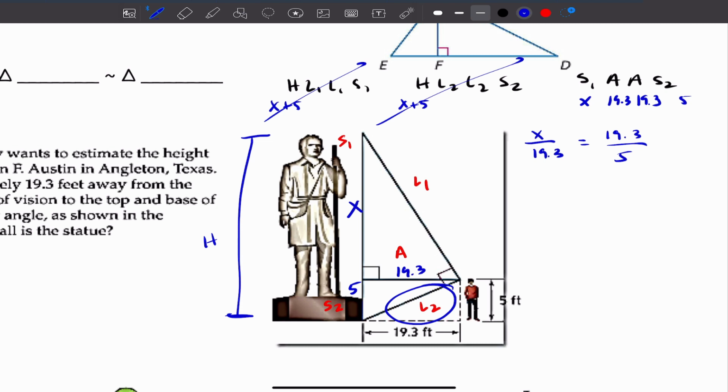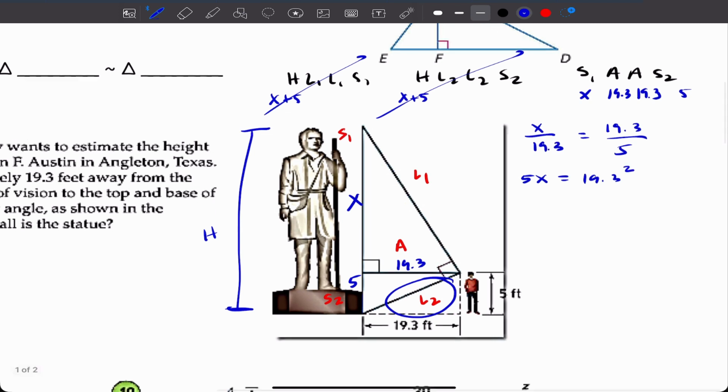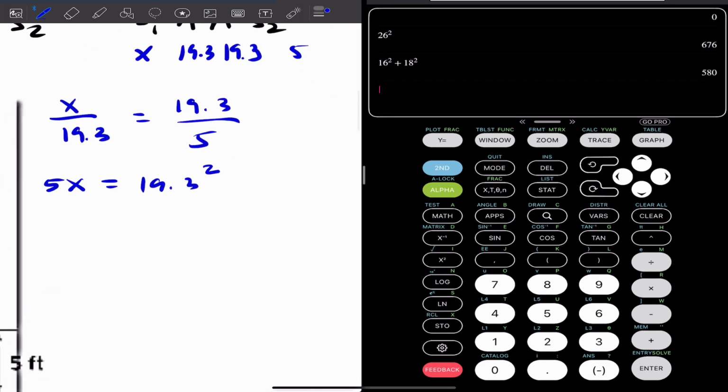And then I'm going to cross multiply, so x times 5 is 5x, and that is 19.3 times 19.3, which I'm going to say is 19.3 squared. So then I'm going to use my calculator, because I'm going to solve for x. So it's 19.3 squared divided by 5.